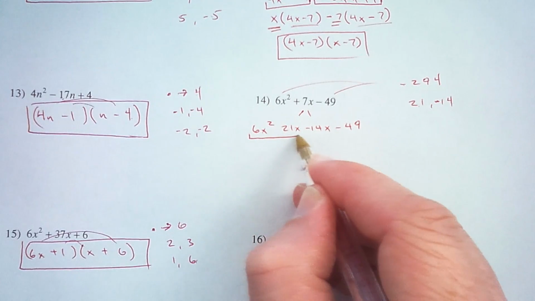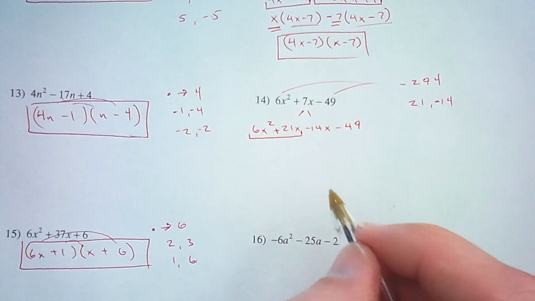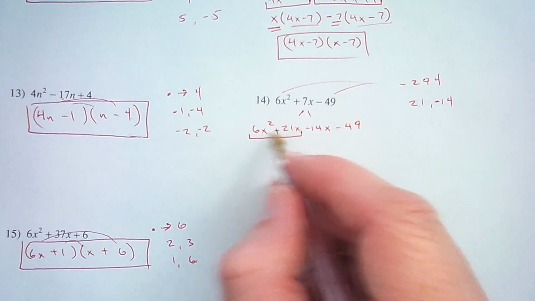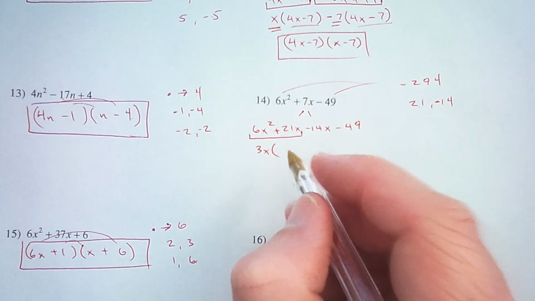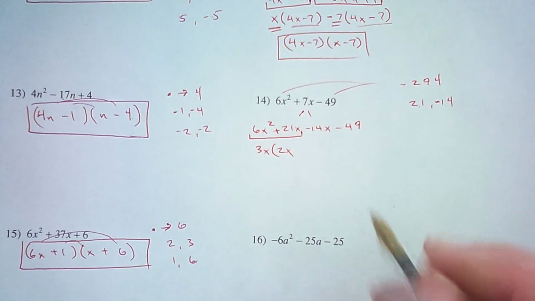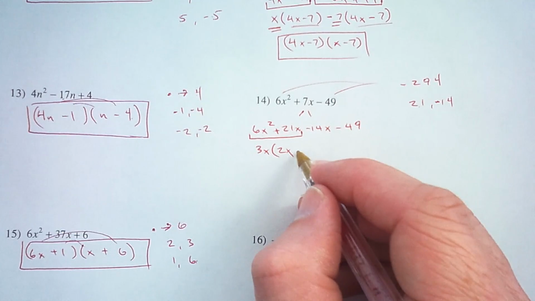Now, we factor by grouping. So these first two terms, the greatest common factor looks like it's going to be 3x. So I'll factor out 3x. 6x squared divided by 3x is 2x. 21x divided by 3x is 7.